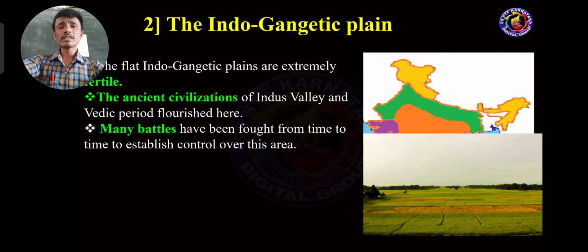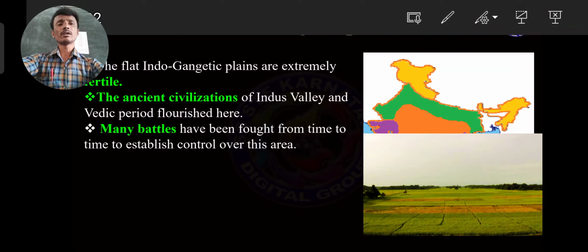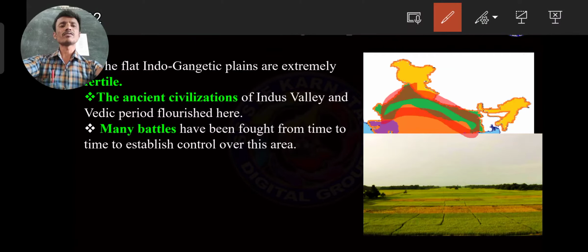For this place, the Indo-Gangetic plain, many battles have been fought from time to time to establish control over this area, the northern part. Look at the map once, my dear students. Here the green color marks this place.